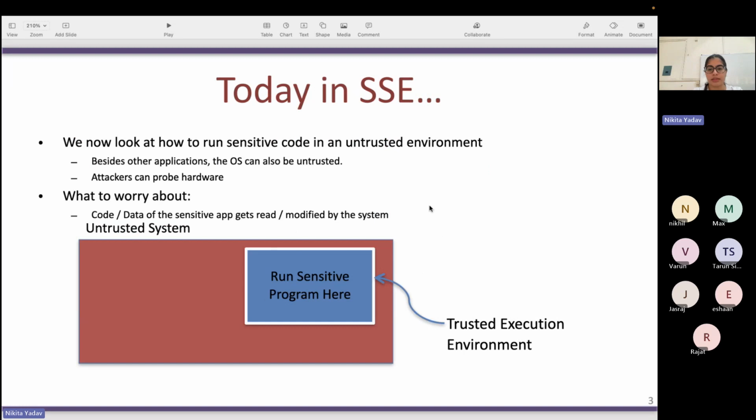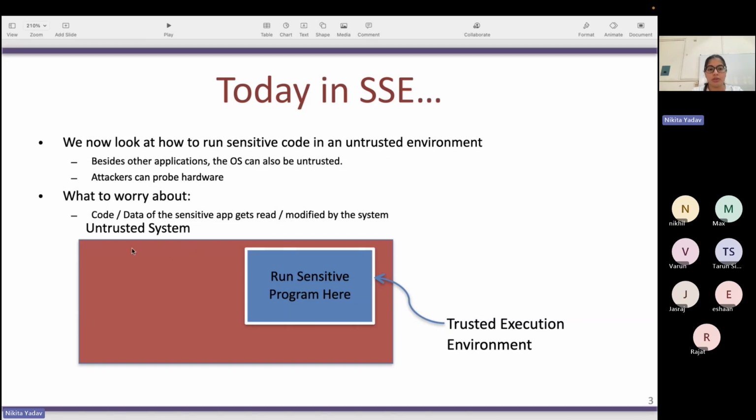And this is the setting that we are working in, that we just discussed. We now look at how to run sensitive code in an untrusted environment. So you as a client are providing your code and data, which is sensitive, and giving it to the untrusted environment, which is your cloud service provider.